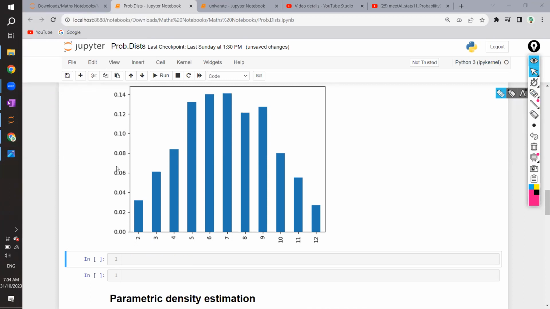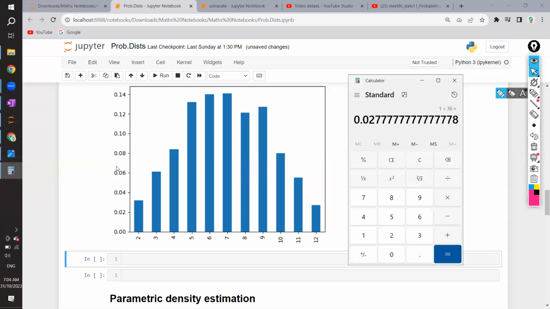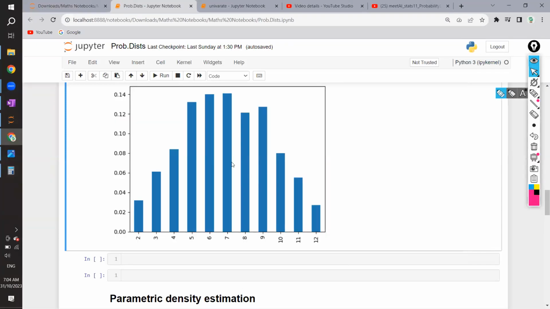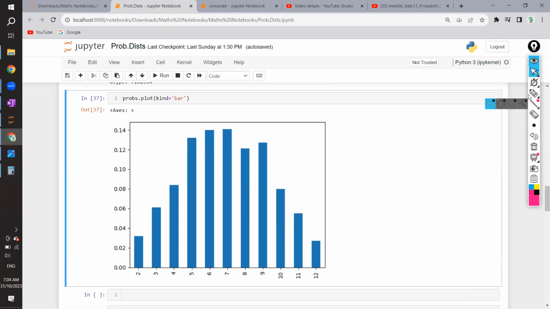I don't know, 0.027 something, somewhere over here. Similarly for 4 and 10 you will have 3 by 36. Okay, but the graph is interesting.